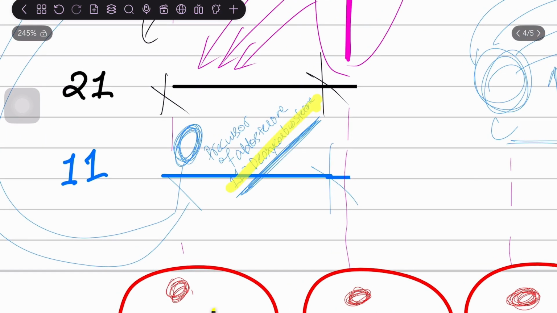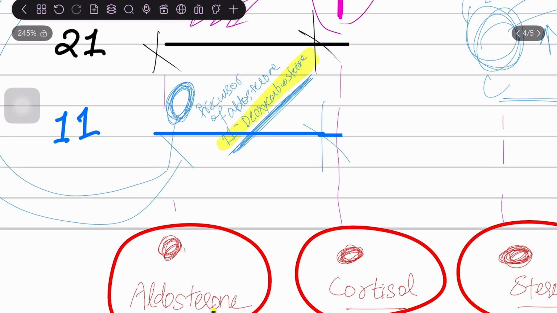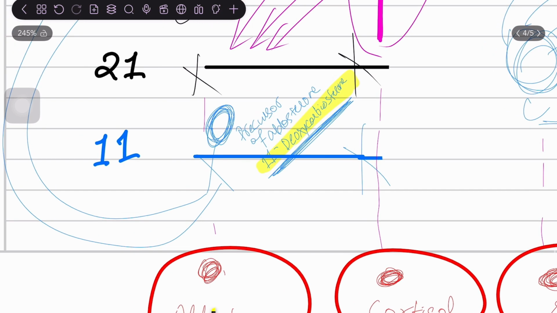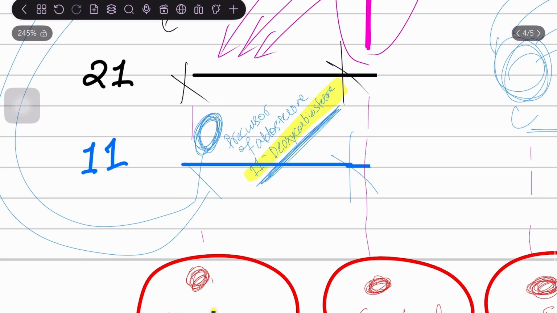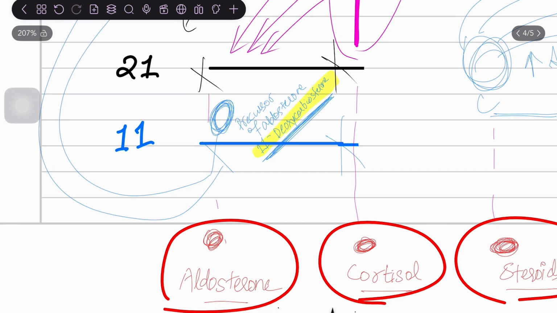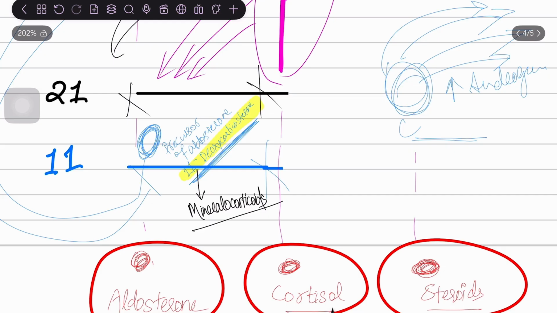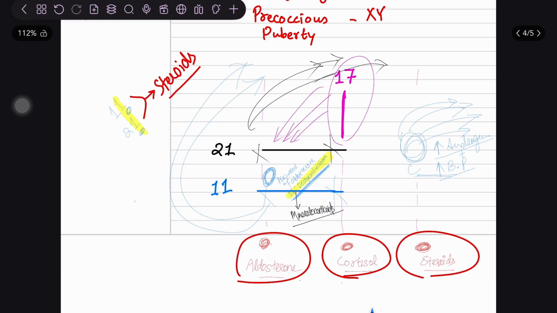It's not a precursor of cortisol, it is a precursor of aldosterone. It has mineralocorticoid activity, so it acts like aldosterone. So androgens plus high BP. Just melt it down into your brain.